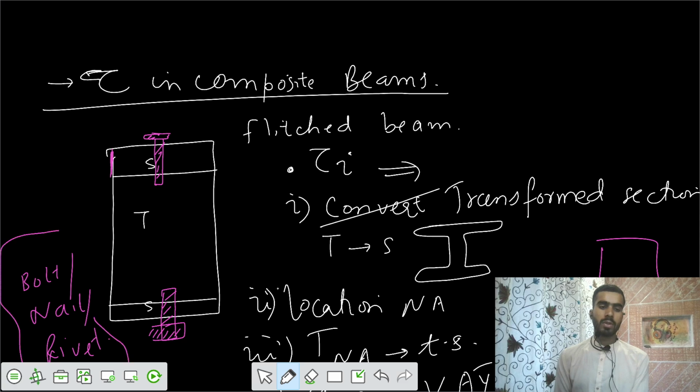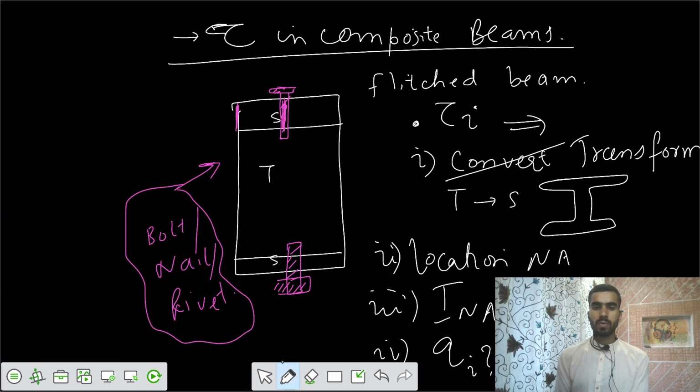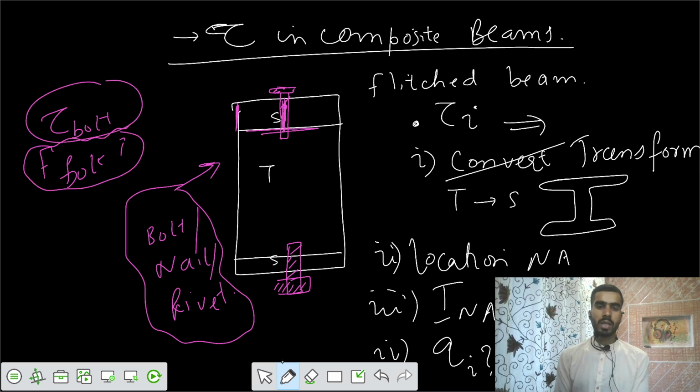Some sort of connection is driven in between those sections, and we want to know the shear force or shear stress in the bolt. We can calculate it at that particular junction where the two members are connected by the bolt, from the shear flow there.